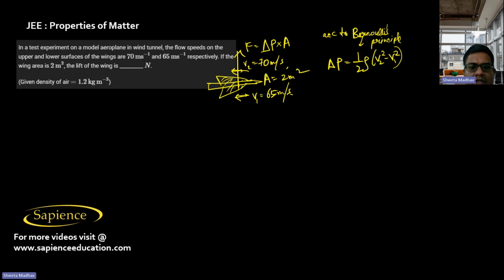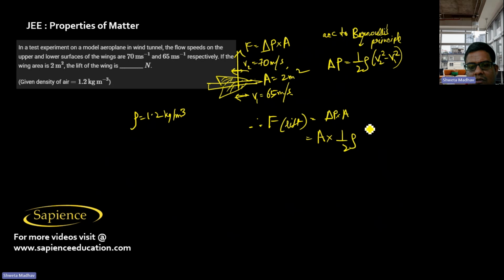Now the density of the air is given as 1.2 kg per meter cube. Therefore the force or the lift on the wing is equal to delta P into area, so that is area A into half rho into V2 square minus V1 square.